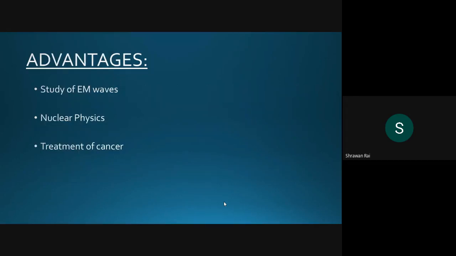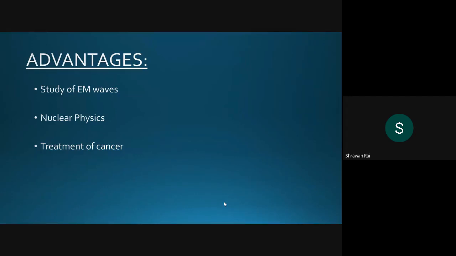Advantages. The study of electromagnetic waves. The particle that is accelerated in a cyclotron emits electromagnetic radiation, and this radiation is known as cyclotron radiation. This radiation helps us to study electromagnetic waves. Nuclear physics.